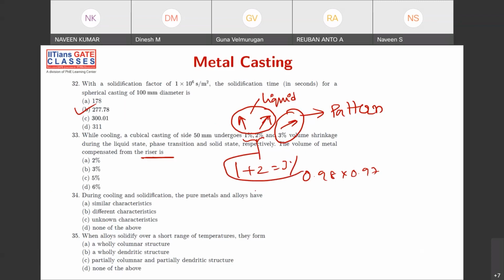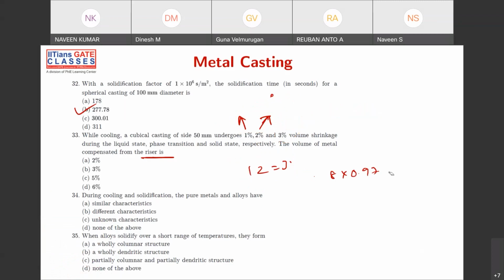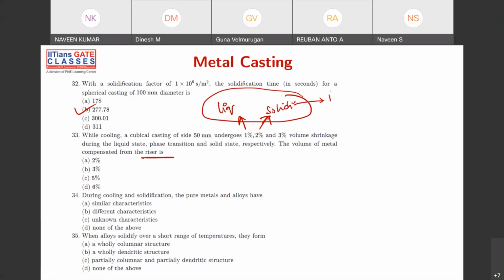We discussed yesterday or day before yesterday clearly that the first two are liquid shrinkage, and this is the solidification shrinkage. These two will be compensated by riser, and this is for pattern. So answer is 1 plus 2%, that is 3%.